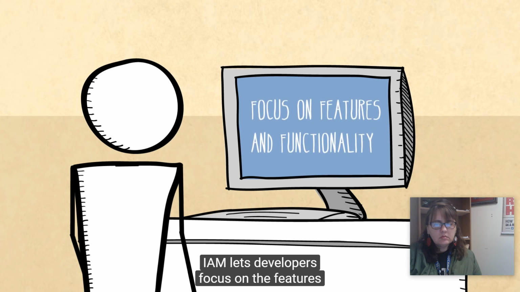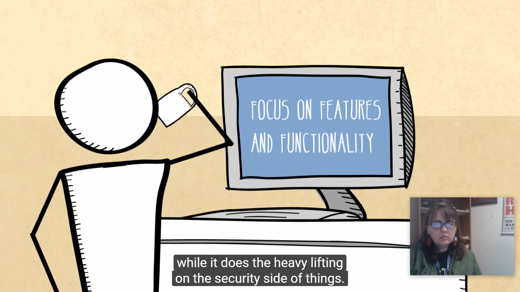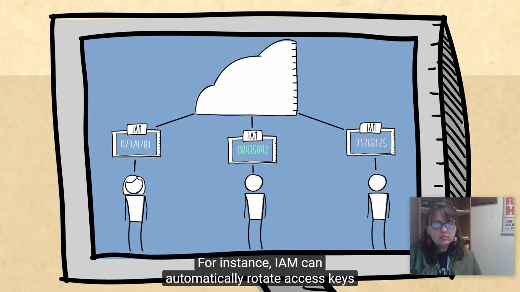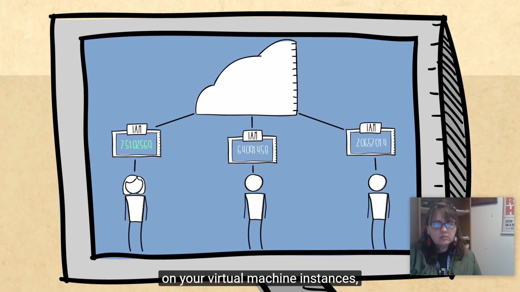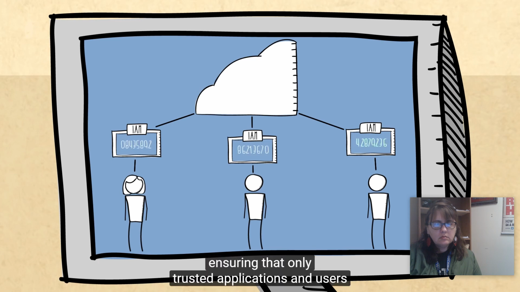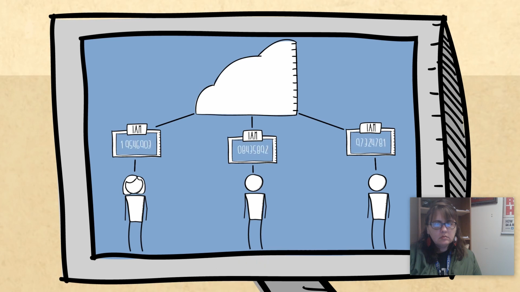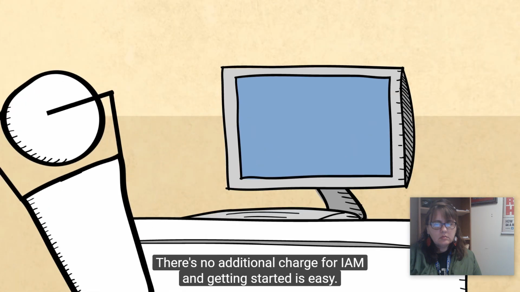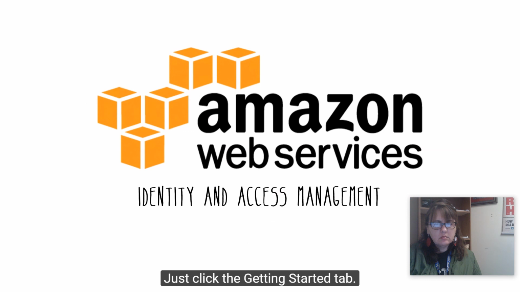IAM lets developers focus on the features and functionality of their applications, while it does the heavy lifting on the security side of things. For instance, IAM can automatically rotate access keys on your virtual machine instances, ensuring that only trusted applications and users have appropriate access at any given time. There's no additional charge for IAM, and getting started is easy. Just click the Getting Started tab.